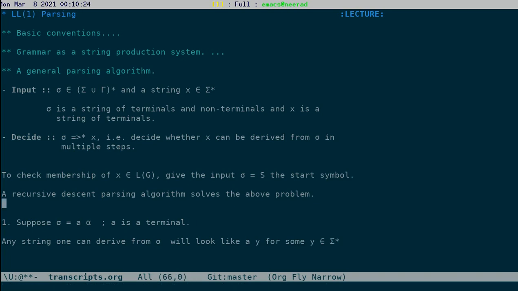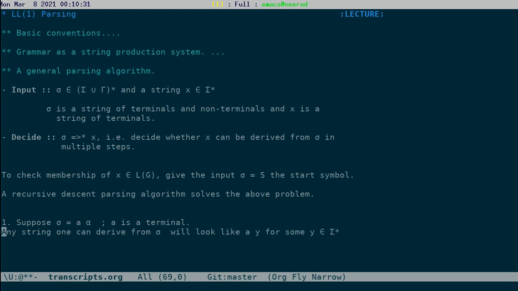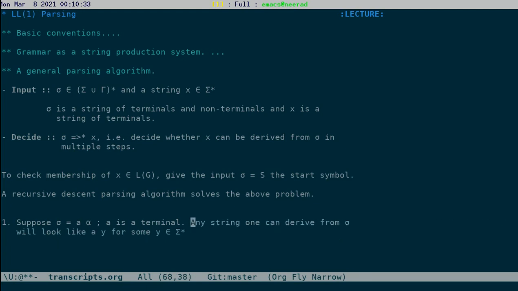Because the first character is fixed here. So you can't do much. Okay. So this is an observation. So then the point is sigma in multiple steps derives x if and only if x looks like a times y and alpha in multiple steps derives y.